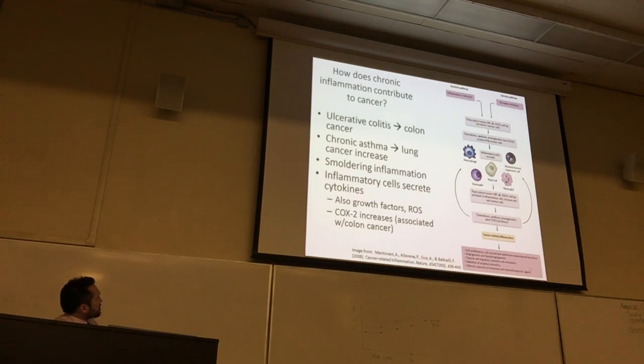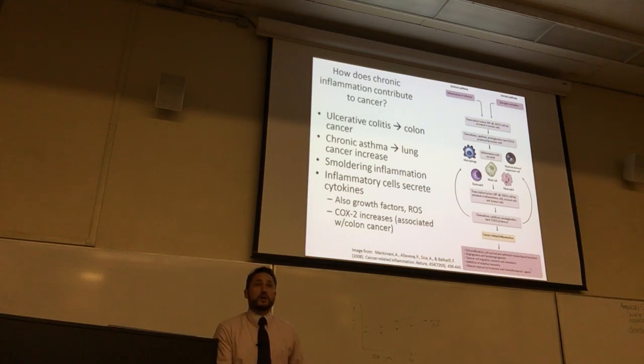The inflammatory cells secrete cytokines, and those cytokines include things like growth factors, and now you get macrophages to the area, and you have this reactive oxygen species production for the respiratory burst to try to take care of bacterial agents. Well, if the bacterial agents aren't there, and you lyse the macrophage, you get all of these reactive oxygen species making free radicals in the tissue.